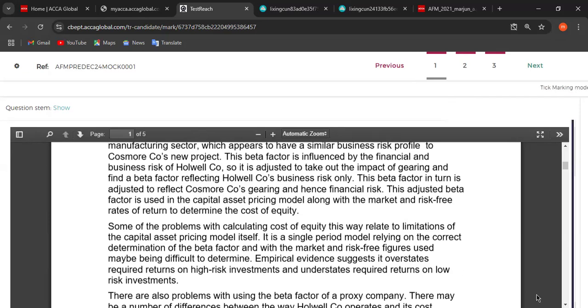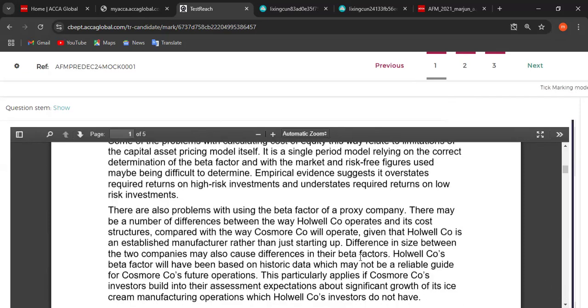Now, there are also problems when we are using the beta of a proxy company. What is that? There may be a number of differences between the way H company operates and its cost structure compared with the way Cosmore company will operate, given that H company is an established manufacturer rather than just starting up. Now see, we are using the values of a proxy company for ourselves.